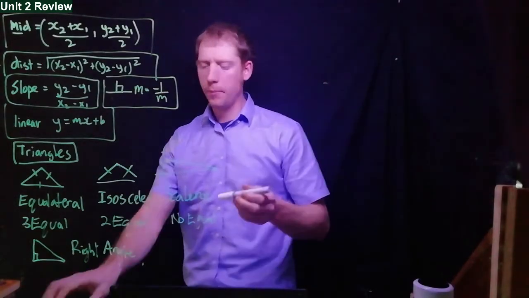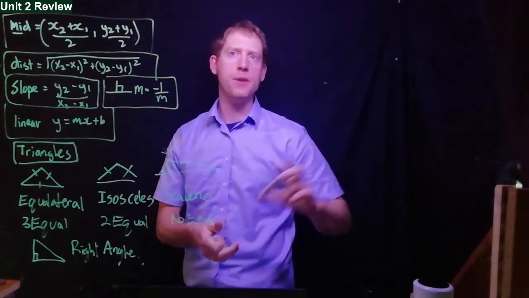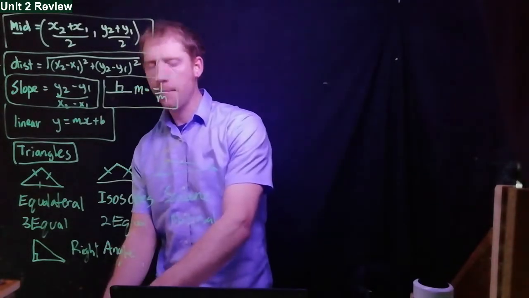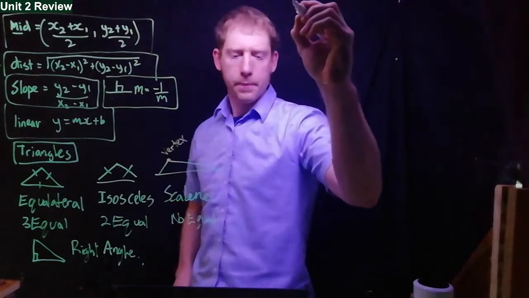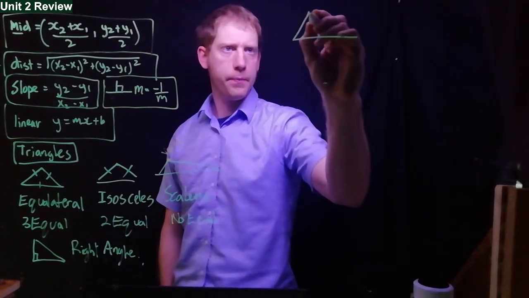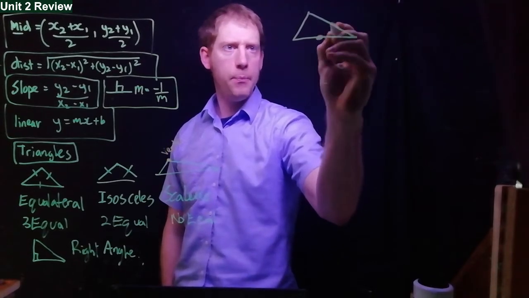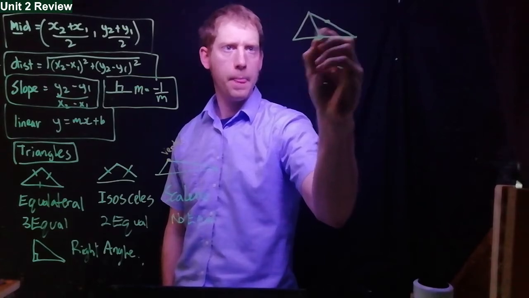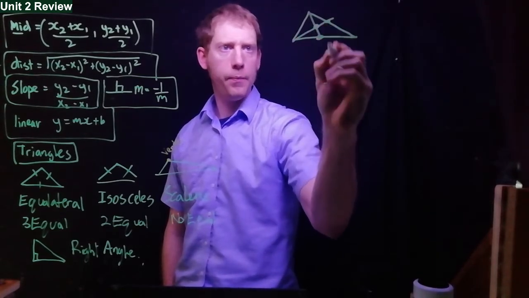Then we also talked about how to determine the different types of centers of the triangles. We can have a triangle here. If I find the midpoint and connect the bisect here, I can find the middle.